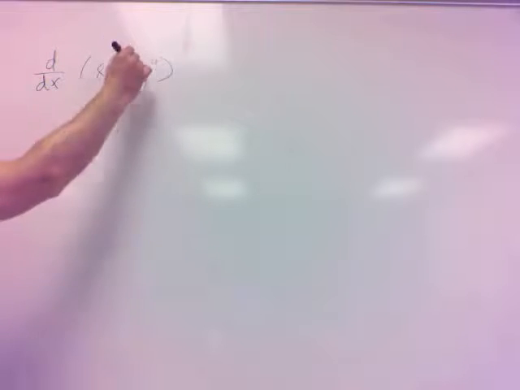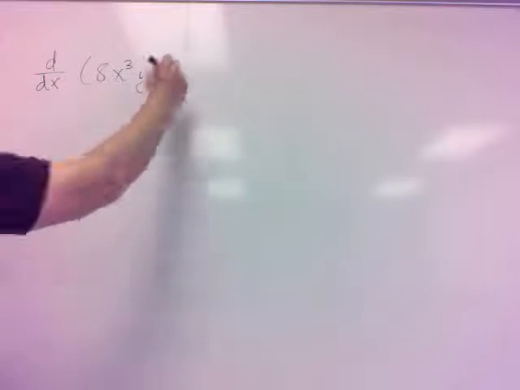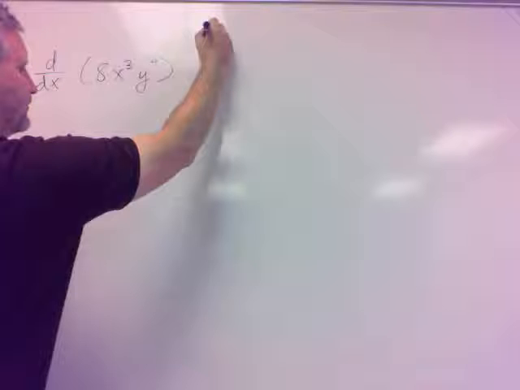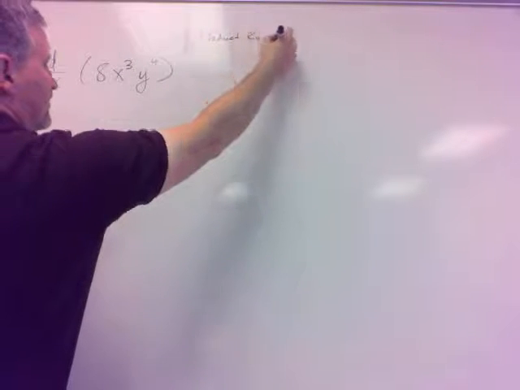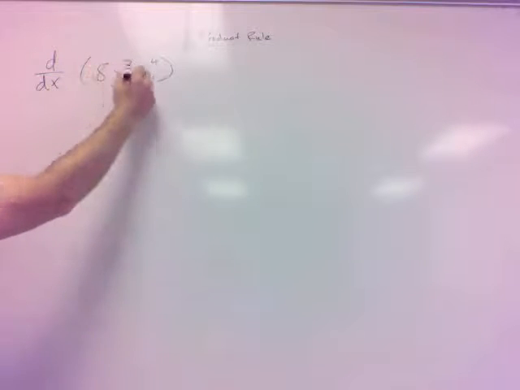Well, hopefully you see a product. And when you see a product, what are you thinking? Product rule. Okay? Got to use the product rule here. That can sneak up on you at any time. Anytime you have a product, two things multiplied together, which I do, 8x cubed and y to the 4th, you're going to have to use the product rule.